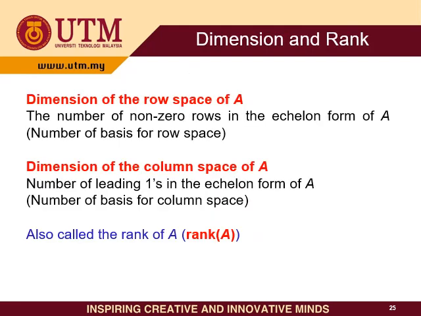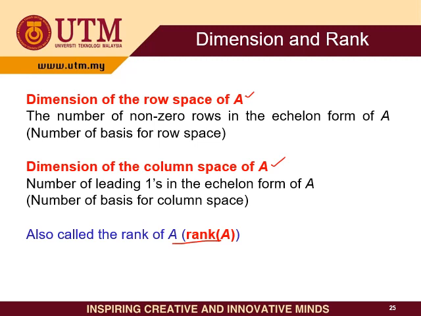Now we come to the slide where we will discuss dimension and rank. We have two here: the dimension of the row space of A and the dimension of the column space of A. The dimension is also called the rank of A. So some questions will ask about rank, some will ask about dimension.